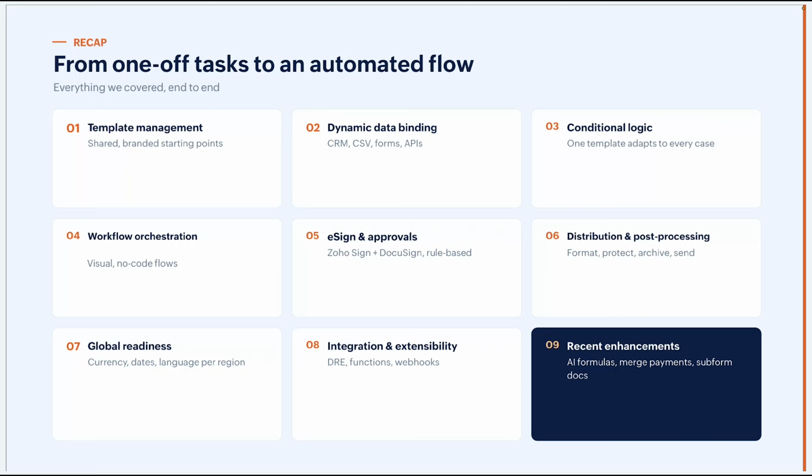And we explored distribution and post-processing automation, so formatting, protection, combining, storing, and emailing are part of the same flow, not separate chores. Finally, we touched on global operations readiness and integration flexibility, which help you operate across regions and connect your custom stack or your custom applications.